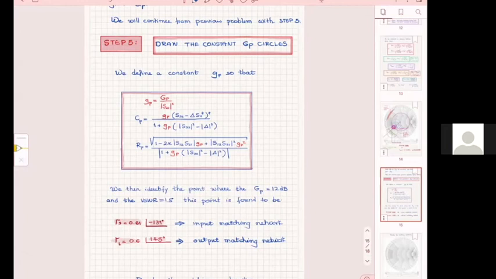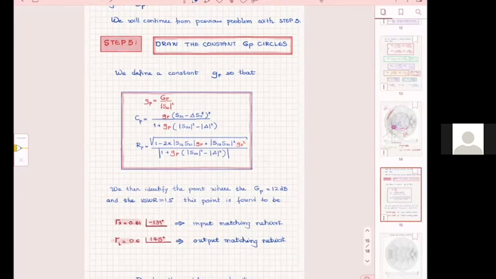S21 is known, so small g sub P is just a number. And then we have C sub P given by this, where K and delta we calculate to see whether the transistor was stable.